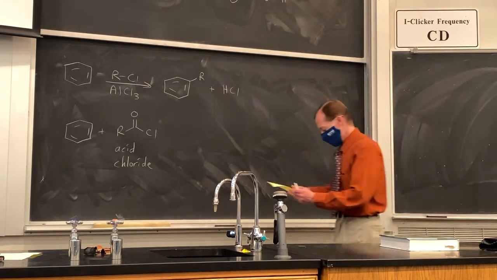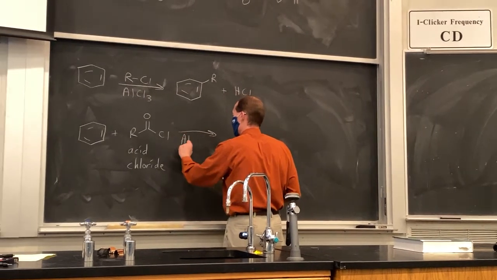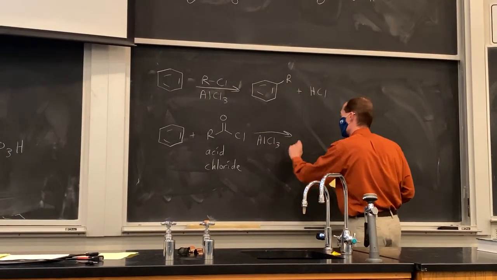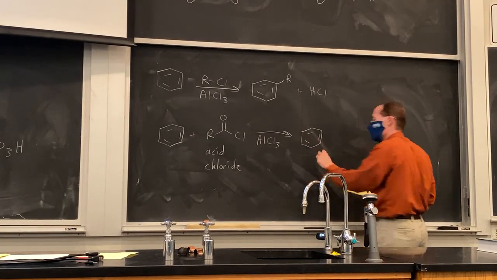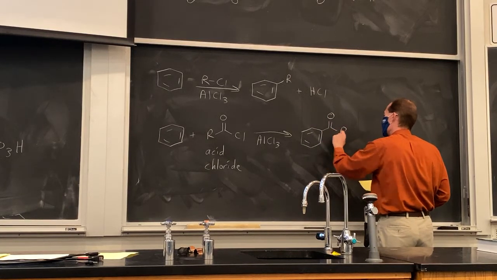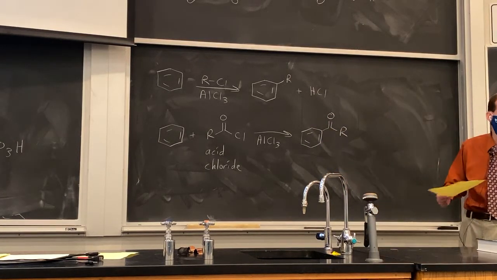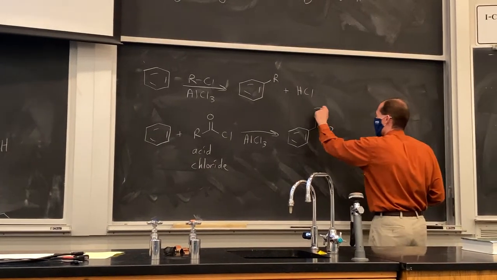Okay. So the acid chloride reacts with benzene. Again, we need aluminum trichloride. And in this case, instead of attaching an alkyl group to our benzene ring, we are attaching an acyl group to our benzene ring. So we're forming a ketone. Our product is a ketone.